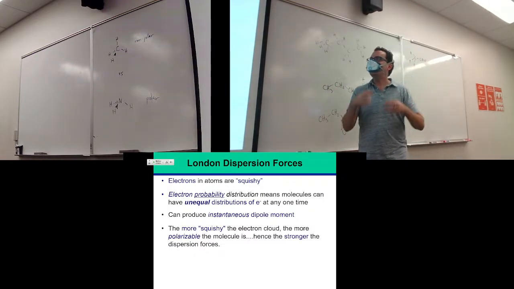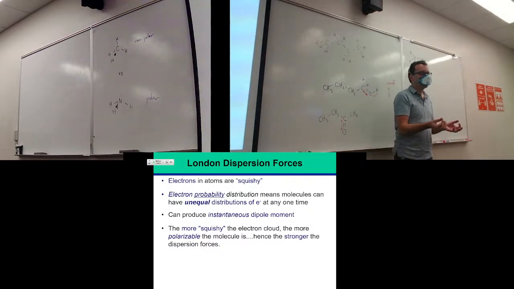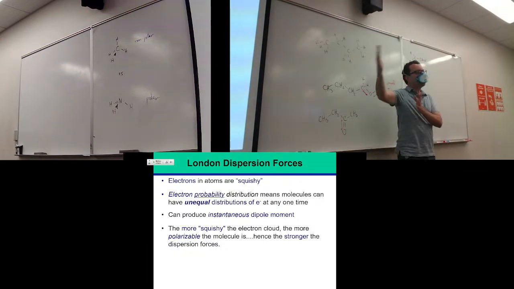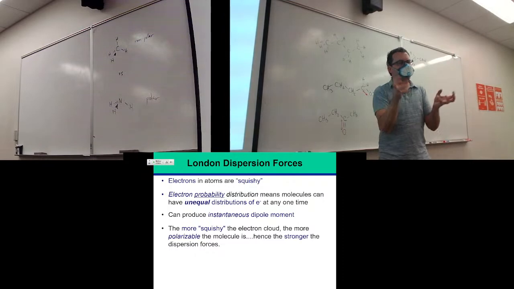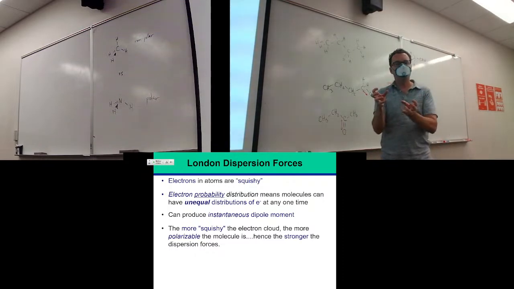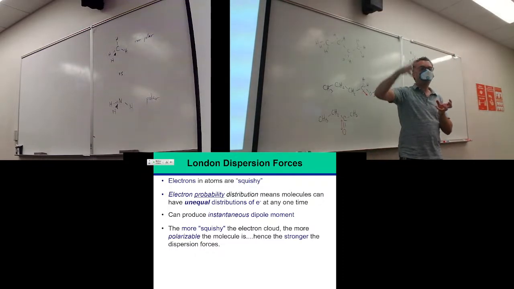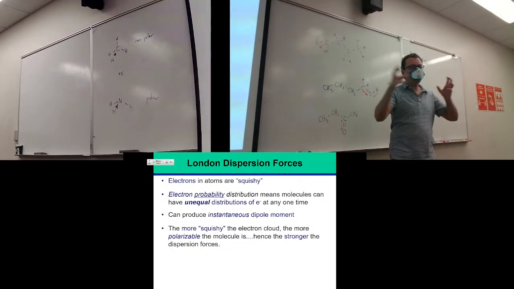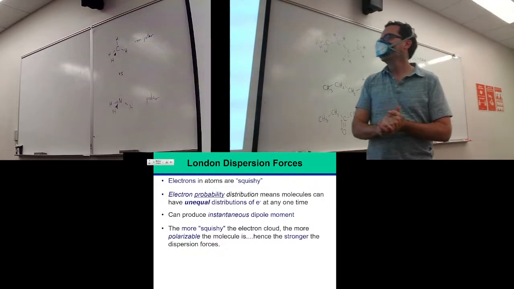That's what's called an instantaneous dipole moment. It's a dipole moment that exists for a fraction of a second as you distort the electron cloud, and then it'll go back to normal. But that instantaneous dipole moment is enough to attract or cause an instantaneous dipole moment in neighbors and cause very weak attractions with the neighbors.